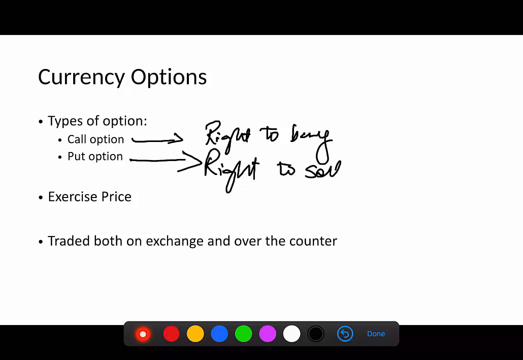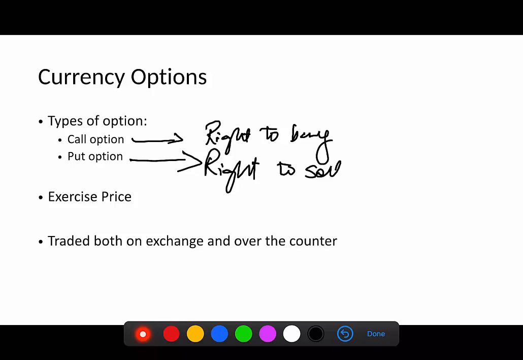So for example, let's suppose you are an American citizen, or your company is based in America, and you have imported certain things from a European country, and you have to pay the exporter in euros. If you have to make this transaction next month, you do not want to take a risk, and you will obviously have to buy the euros.